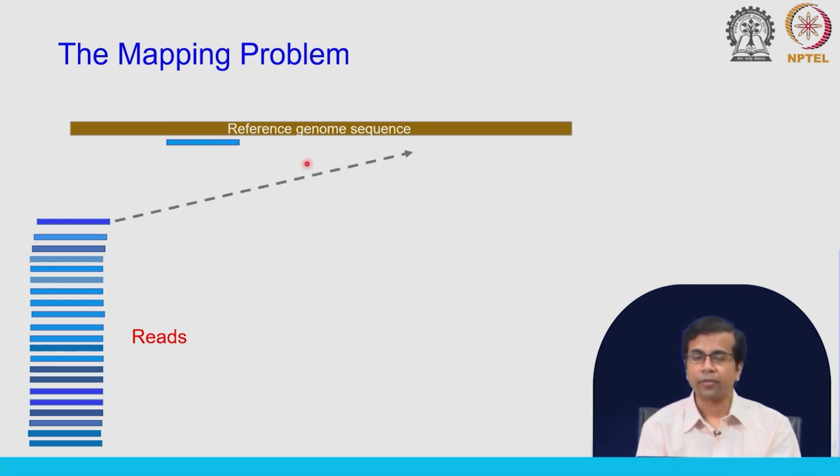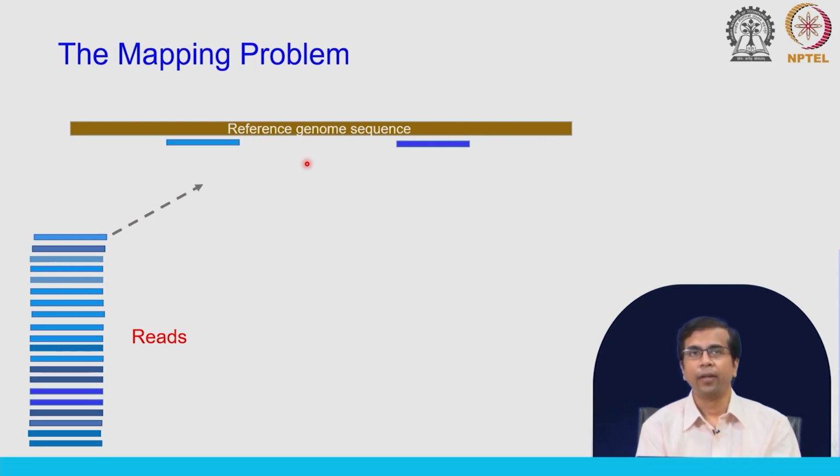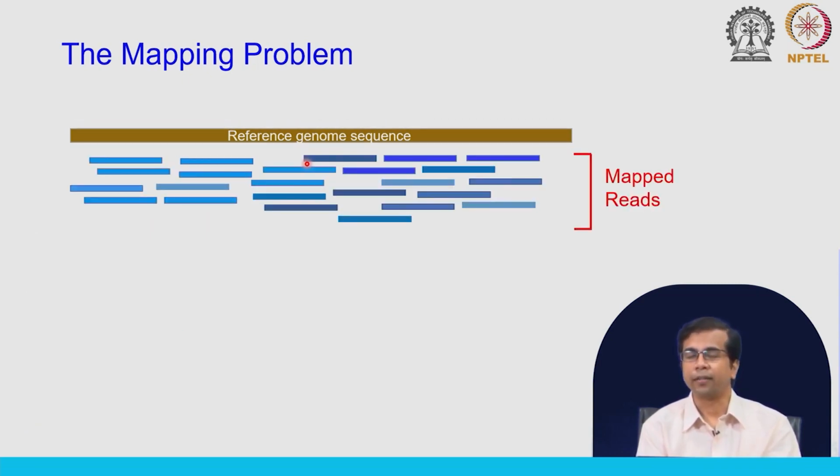We can continue with these reads, and we see, okay, this read matches there and it is mapped there, and we continue this process for all the reads. Finally, we get this kind of picture where all reads are mapped against the reference genome, and we know their location. Now, this sounds very simple, but there are of course many challenges which we will discuss today.